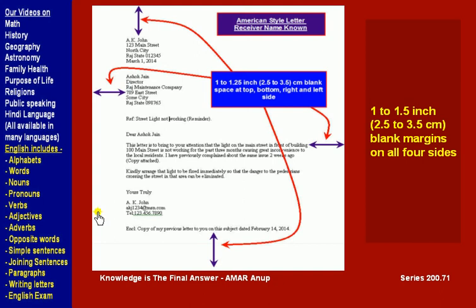This space is left blank. On all four sides there is a blank space of an inch to an inch and a half, that translates to 2.5 to 3.5 centimeters approximately.